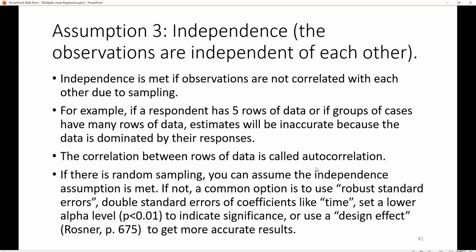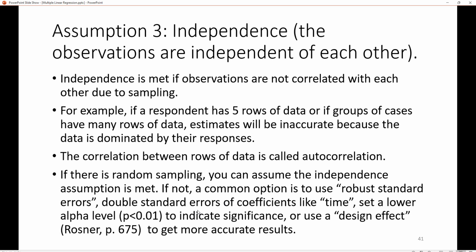We call that autocorrelation. If there is random sampling, you can assume the independence assumption is met. If not, a common option is to use robust standard errors, or you could double the size of your standard error for your coefficients, or you could set a lower alpha level.